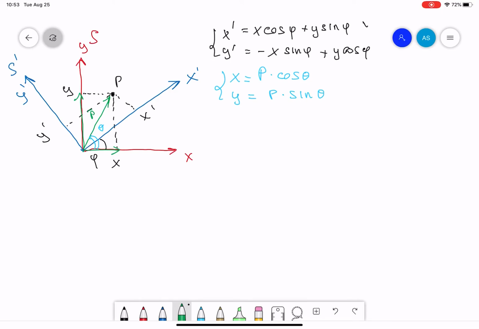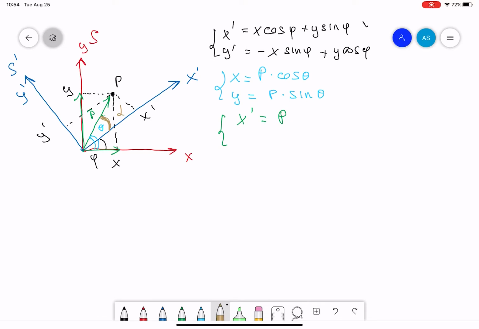Now let's find, when the S coordinate system is rotated by angle phi and becomes the new coordinate system S dash, how we can find the new x dash and y dash components. This angle, let's call it alpha.